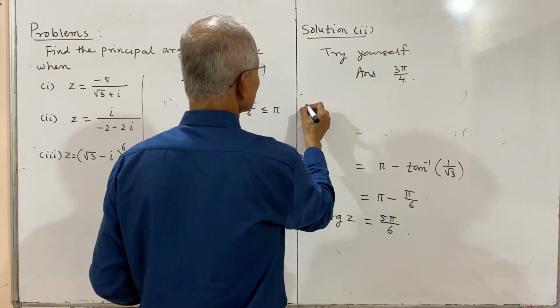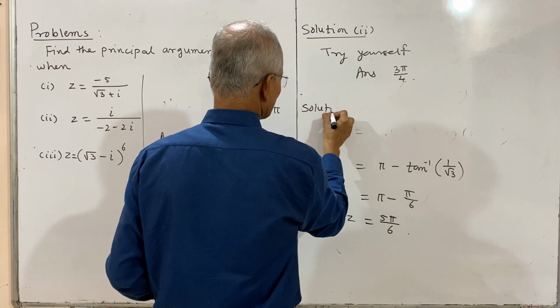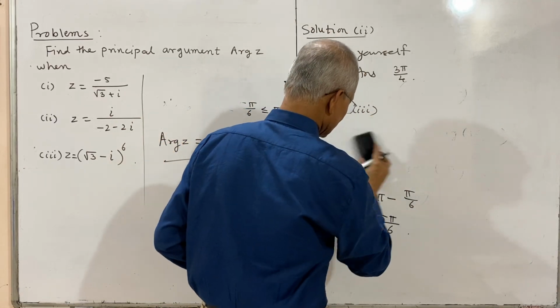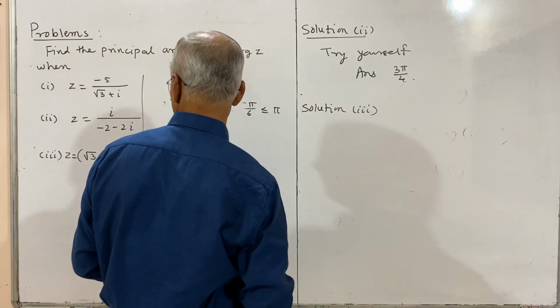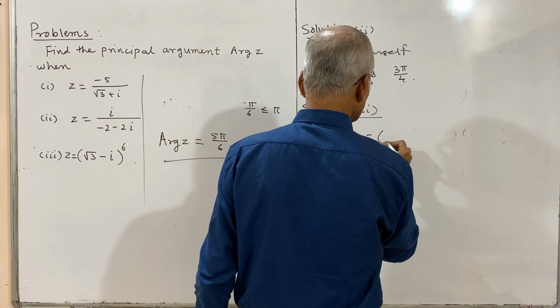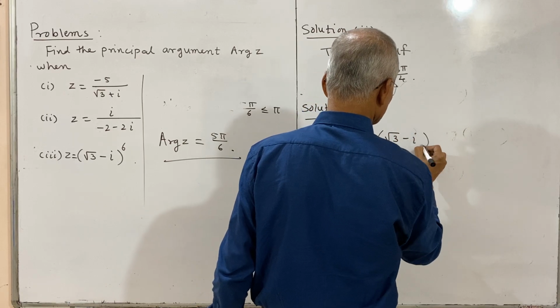Now for the third, we shall consider the solution for the third problem, which is also simple. Let z be given as z equal to root 3 minus i, the whole power 6.